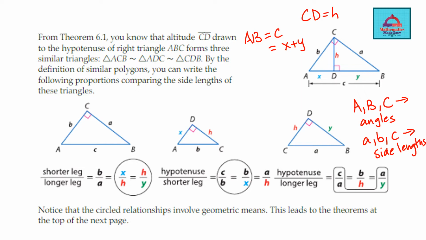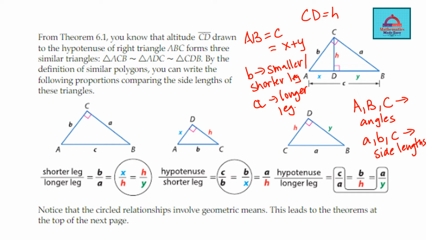Small a is the longer leg, small b is the shorter leg of the right triangle ABC.